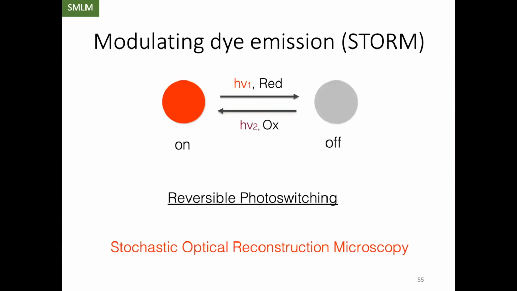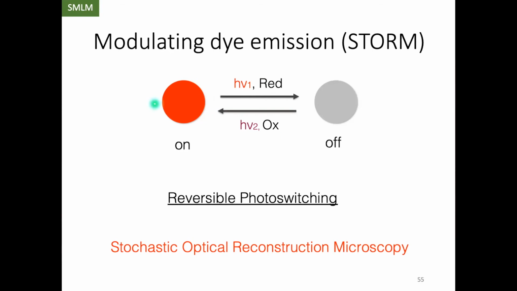Then there are different methods for getting this blinking, right? We want to get a dye that has either 2 states or that is photobleached. So the first technique is called stochastic optical reconstruction microscopy, or STORM. In STORM, we are going to use photoredox switching.